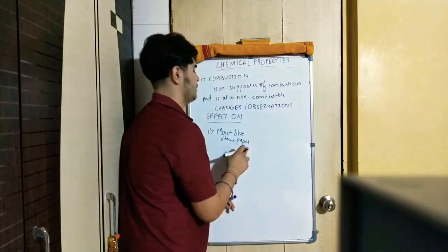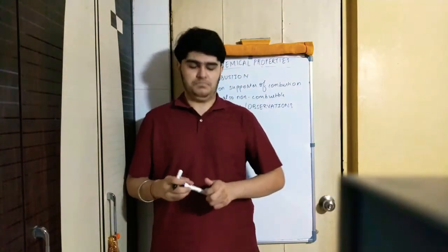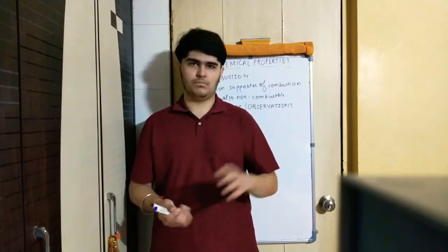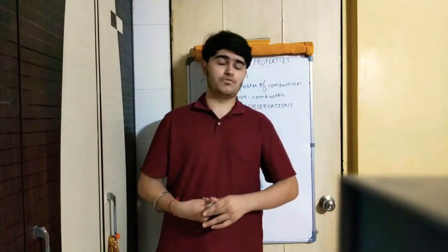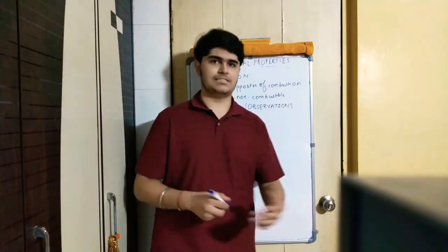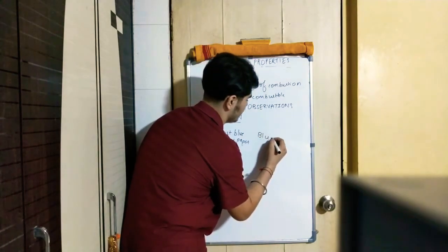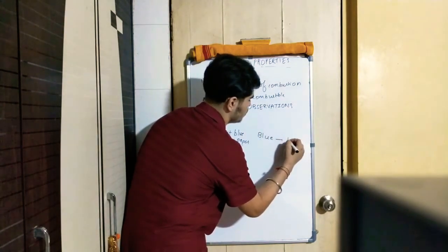Or you can even take litmus solution, because in the fountain experiment we concluded that moist litmus solution changes color from blue to red. That is, HCl is acidic in nature. So we get to know here that the color changes from blue to red.